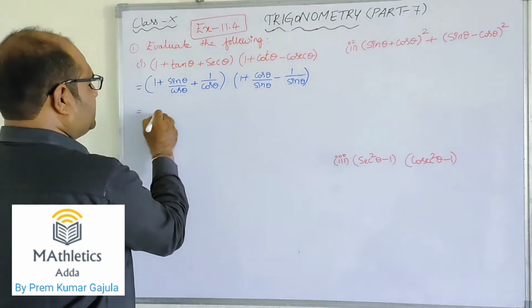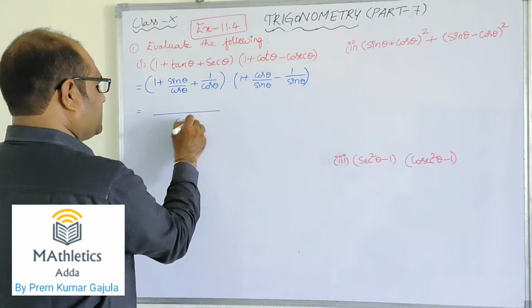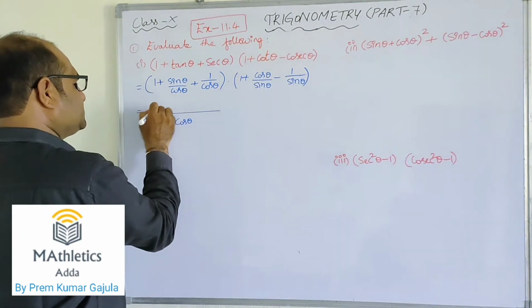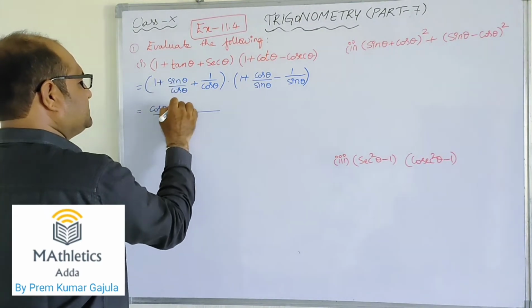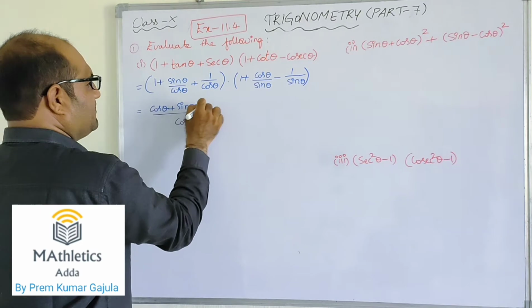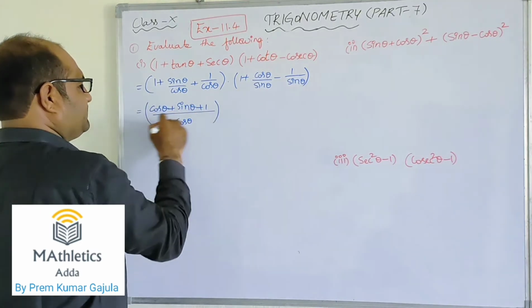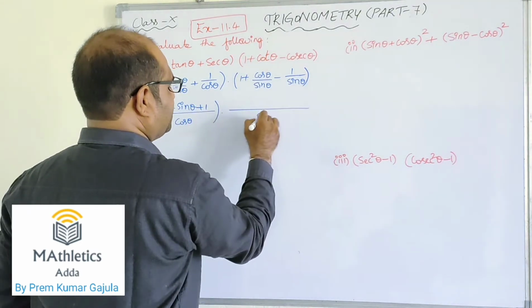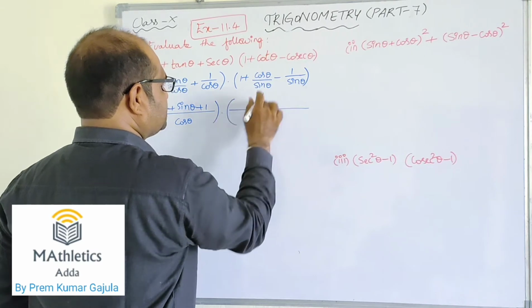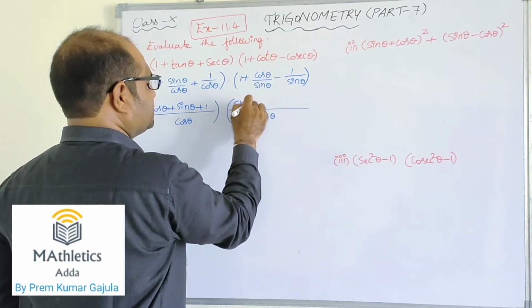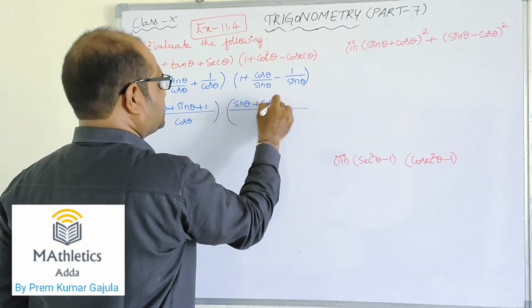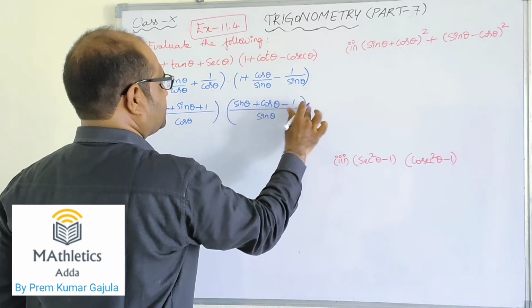So here if you simplify you will get (cos θ + sin θ + 1) by cos θ, into, here if you simplify you will get (sin θ + cos θ − 1) by sin θ.